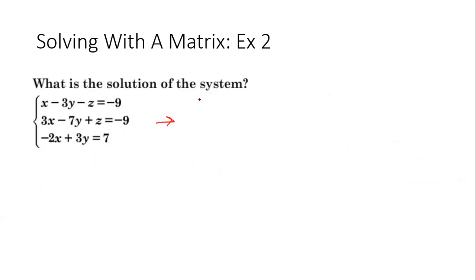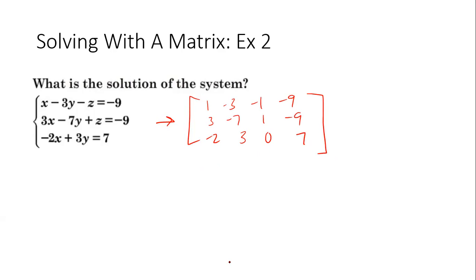We're going to convert this to a matrix. So that gives us 1, -3, -1, -9, 3, -7, 1, -9, -2, 3, 0, 7. Remember, when there's a variable missing, the element is 0.